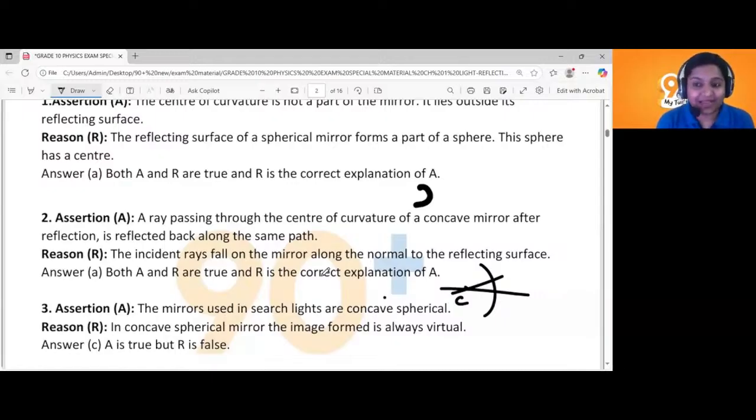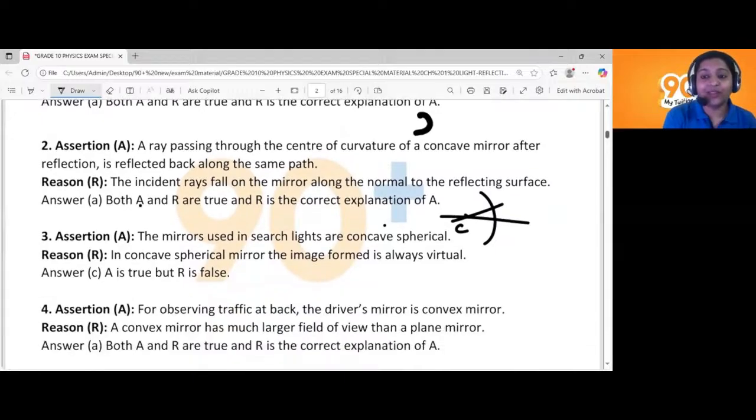What is the reason behind it? In that case, the angle of incidence is 0 because the incident ray is falling on the mirror along the normal. So here the assertion as well as the reason are true, and the reason is a correct explanation of A. This is based on our rule number 3, which we use to draw ray diagrams.